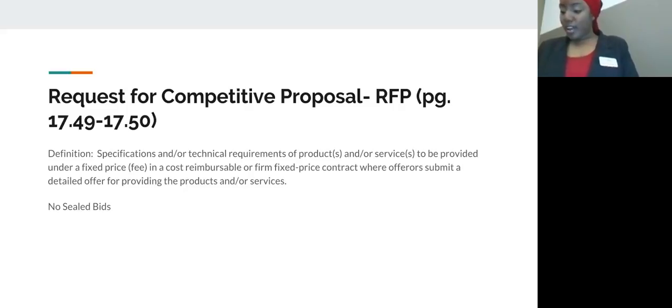So really, with this one, if you're not looking to do any type of sealed bids, this would be your ideal method that you would be selecting. That's really primarily the only major difference between that and the other.